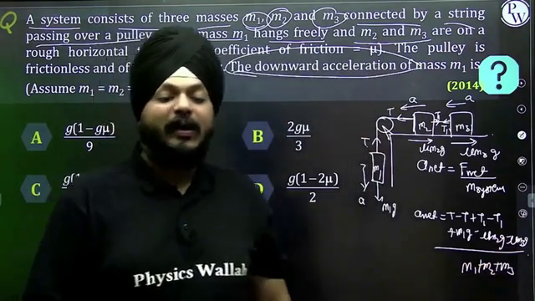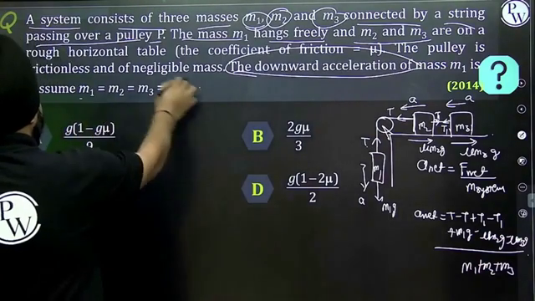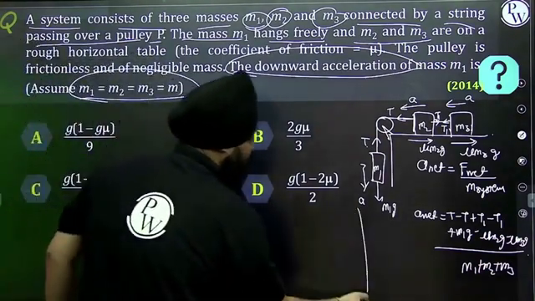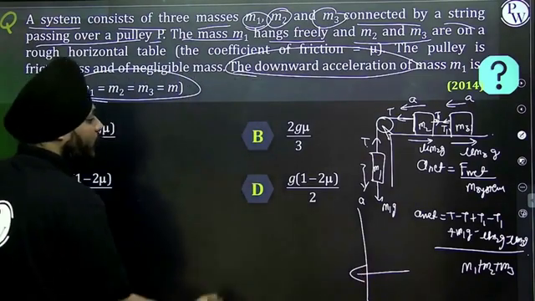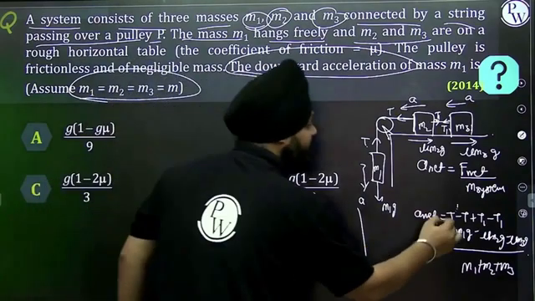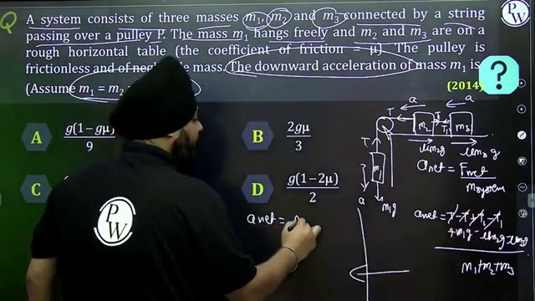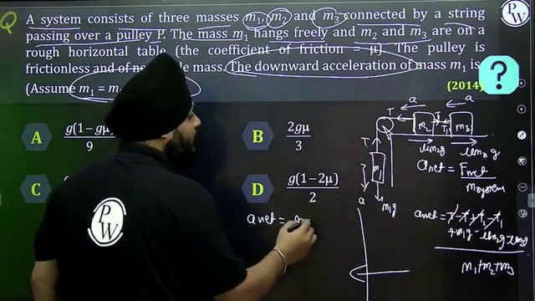Now all of those masses are equal as mentioned, right? m1 is equivalent to m2 is equivalent to m3, right? Okay, now the net acceleration of the system in this case will be, see, all of those tensions will get cancelled, right? So m will also get cancelled.